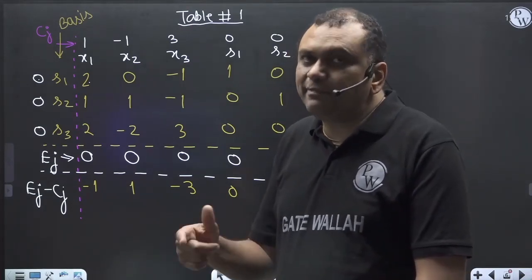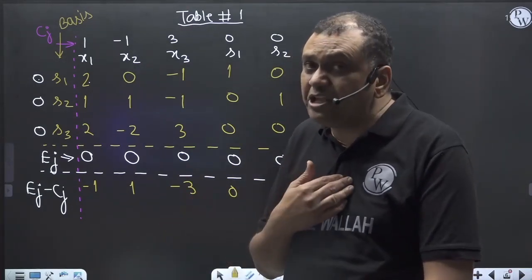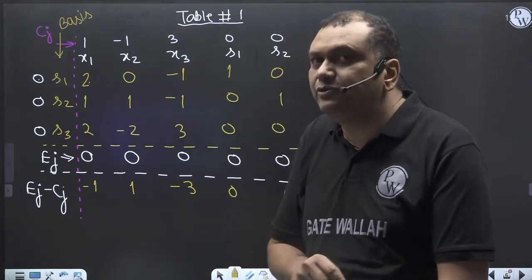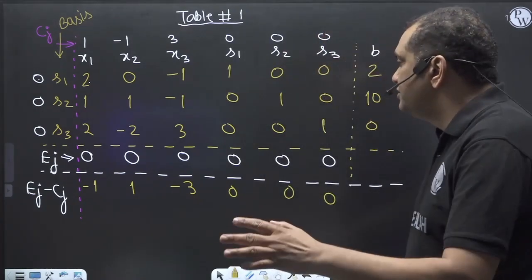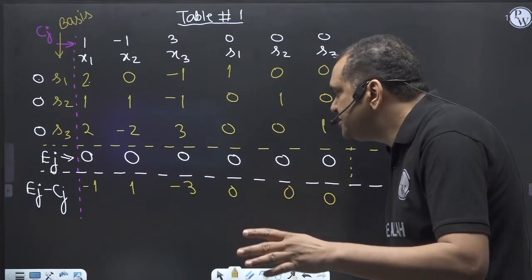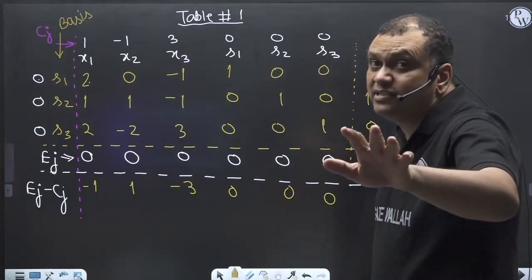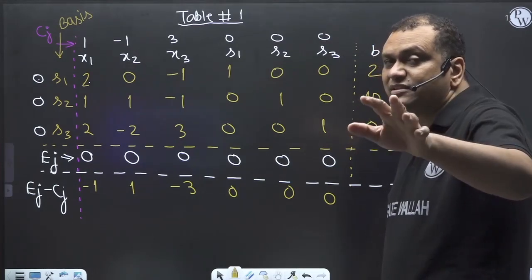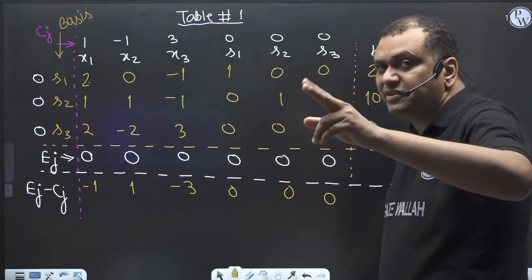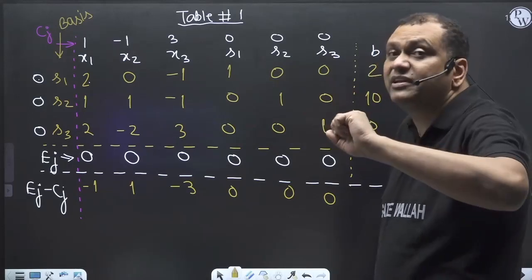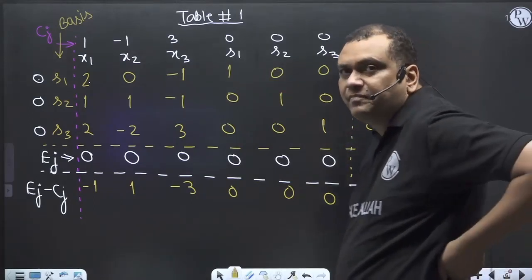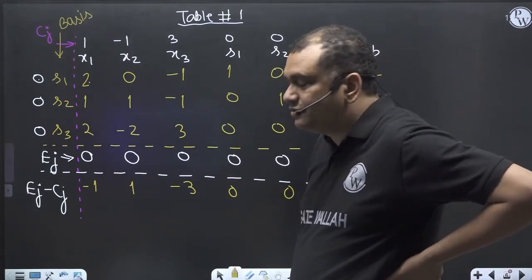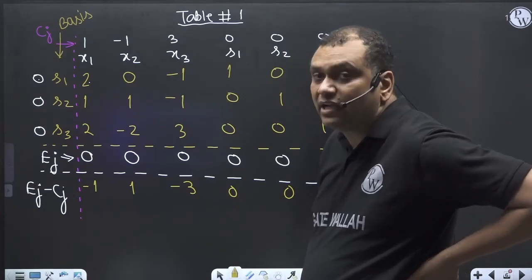What is dual simplex? I will tell you, and when we have to use dual simplex, that also I will tell you. Okay? So those iterations will be easier if you follow the Ej minus Cj route. Our concept will be reversed, but it is better to follow Ej minus Cj, because Hamdy A. Taha is the book that is followed in the IITs.